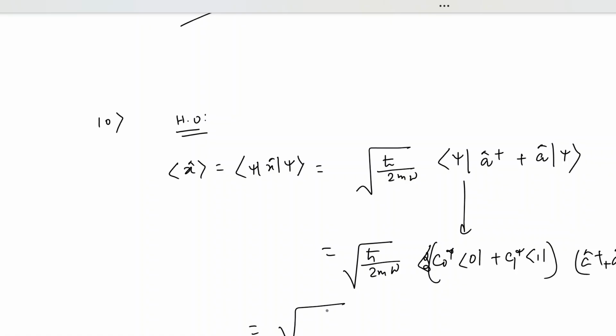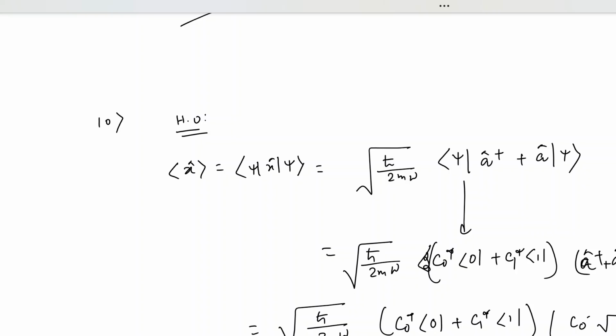So this is root over of h cut by 2m omega C0 star 0 plus C1 star 1. A dagger acting on this will give you, so a dagger is a creation operator, so as I said earlier, a dagger will be root over n plus 1 into n plus 1 ket, and a will be root over n into n minus 1 ket. So for a dagger, when operates on this 0 state, it will be root over 0 plus 1 is 1 into 1 ket plus C1.